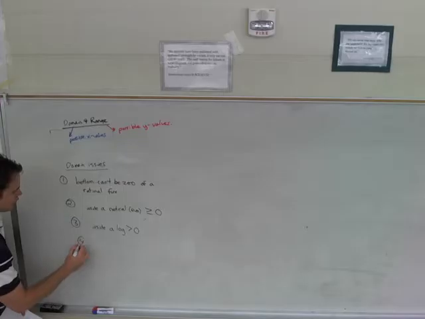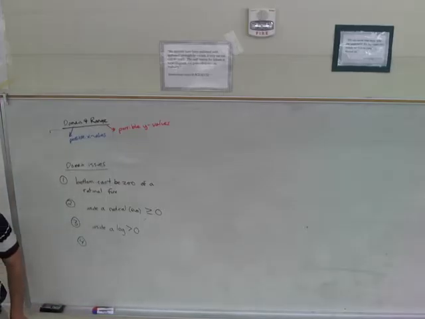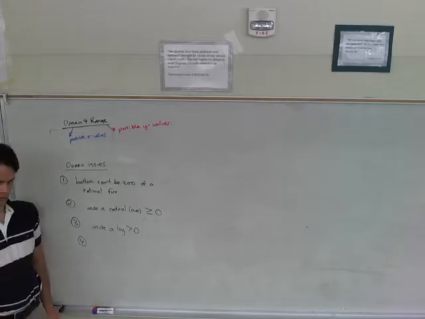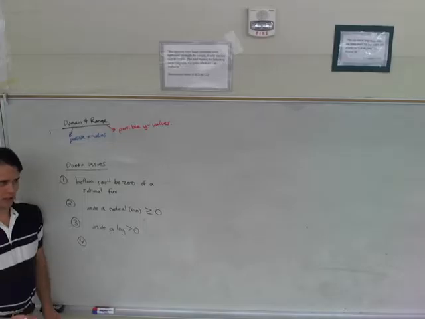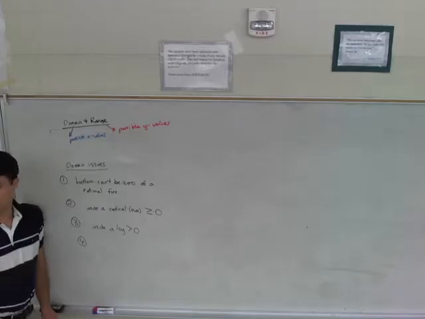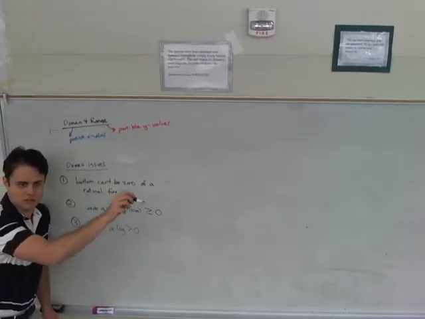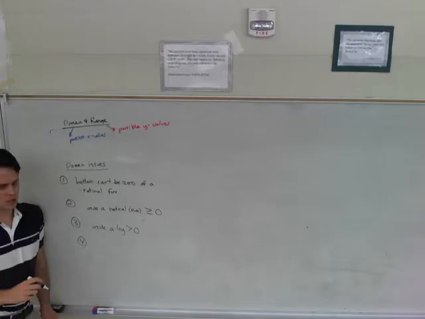Number 4, we're going to group a lot of things together here. What other kind of functions do we have? We spent a lot of time with them during the second semester last year. Sines and cosines. Any domain issues there?